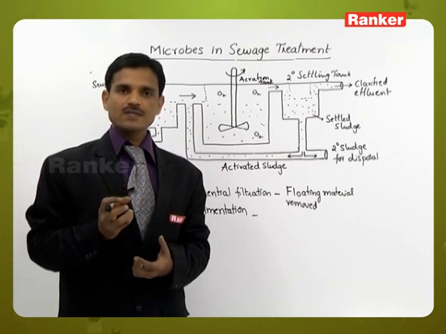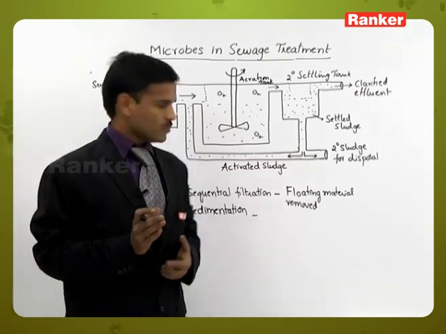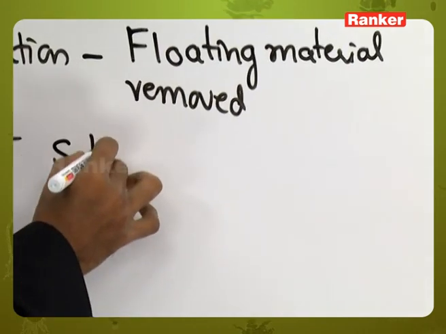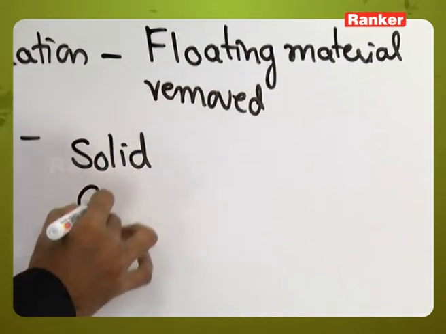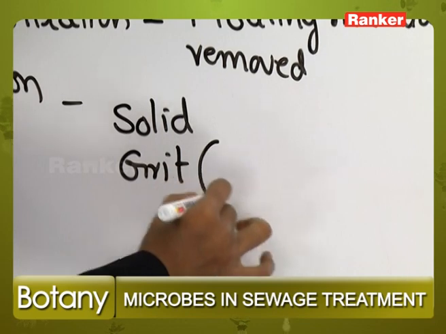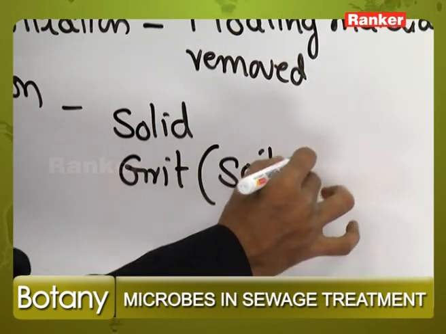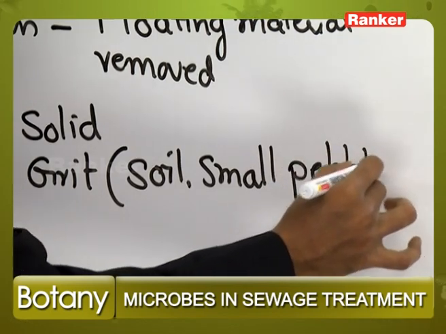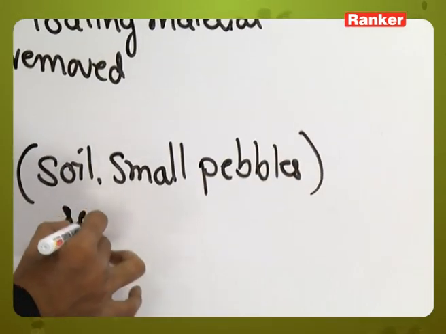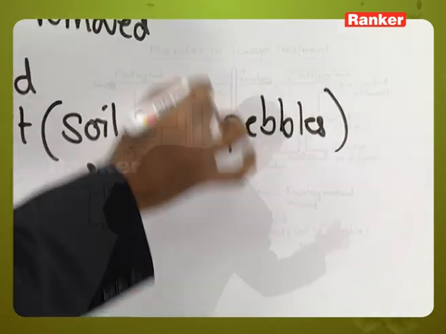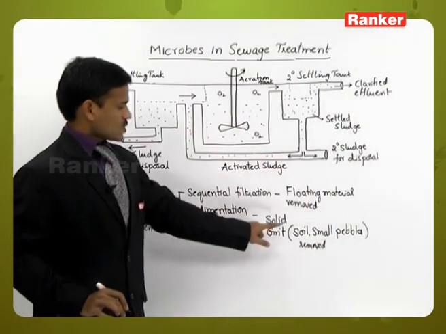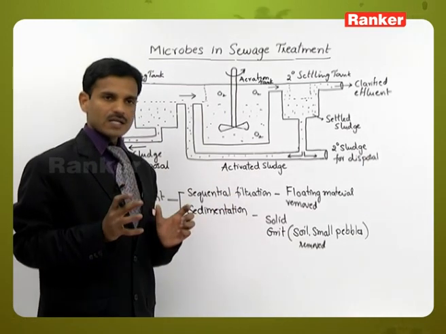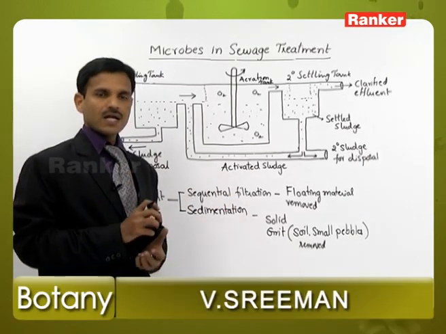The solid materials which are settled are also removed by the sedimentation process. Grit is soil and small pebbles. Grit is removed, and the settled solid materials are also removed.